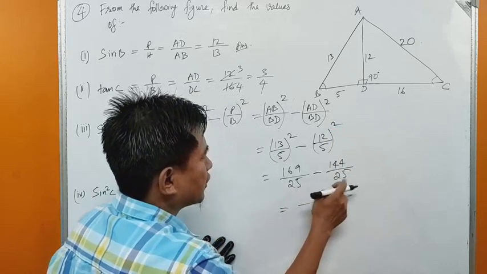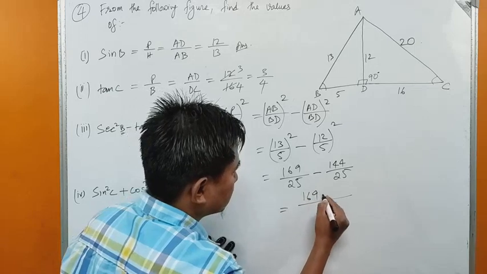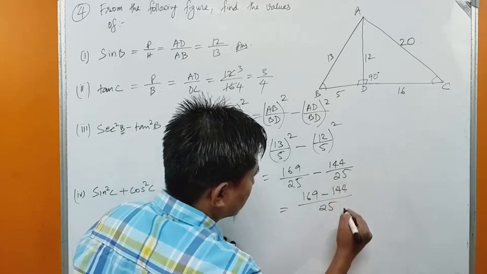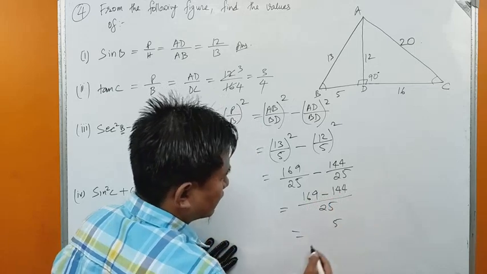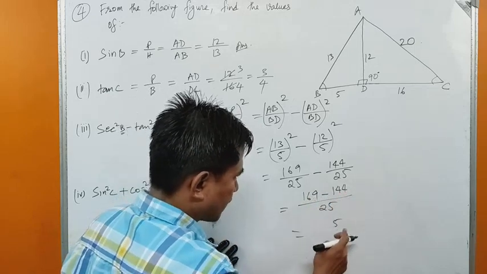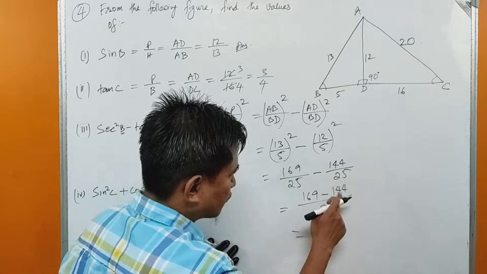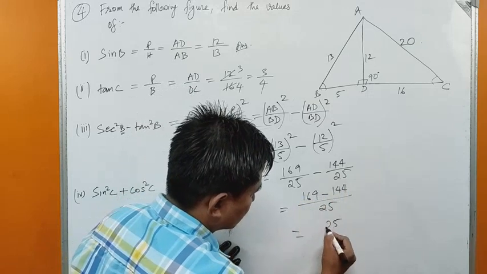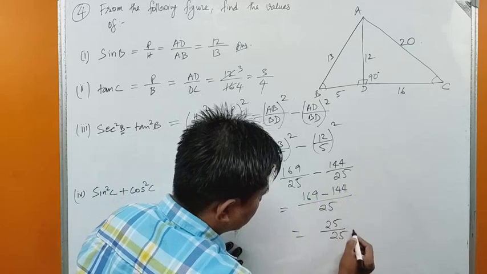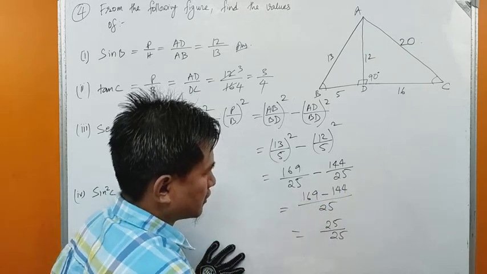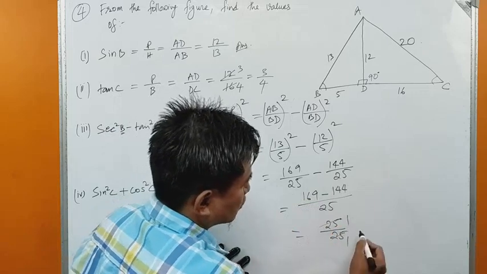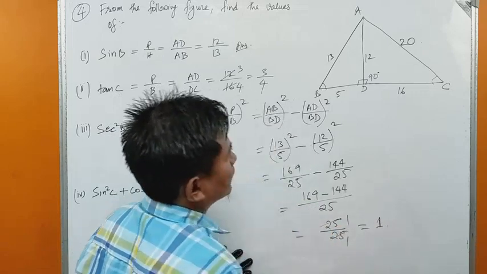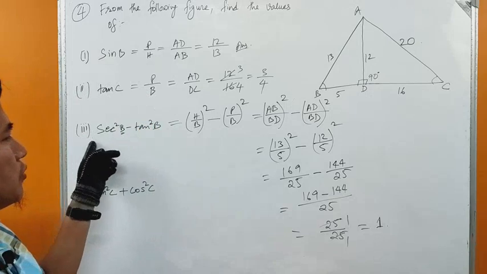When the denominators are equal, we write 169 minus 144. 9 minus 4 is 5, 16 minus 14 is 2, 6 minus 4 is 2, so 25 upon 25. The sign of the greater number comes here, so plus sign. 25 ones are 25. So the answer is 1. Answer for question number 3 is 1.